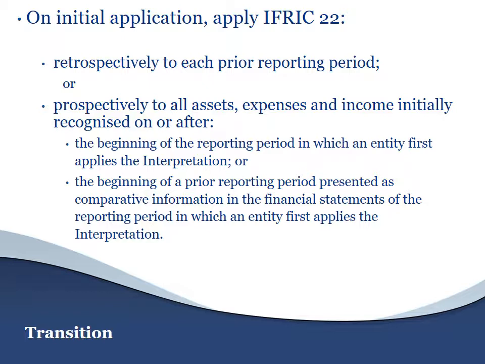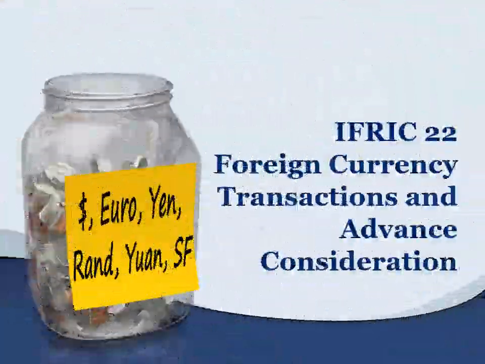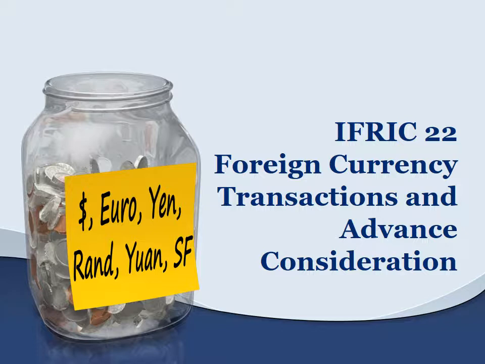You make a call in terms of what you want to do there. It's up to you. But as long as your financial statements explain that this is the transition process that you have followed in adopting the changes that IFRIC 22 brings about, that should be okay. The end of what we have from IFRIC 22.